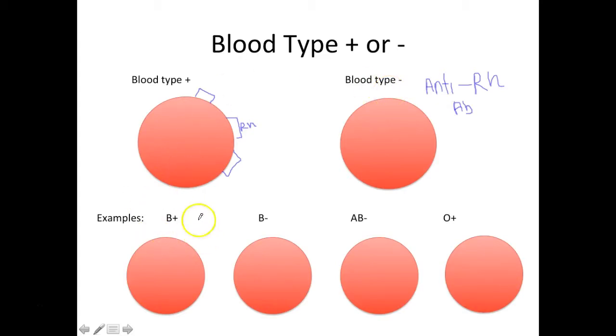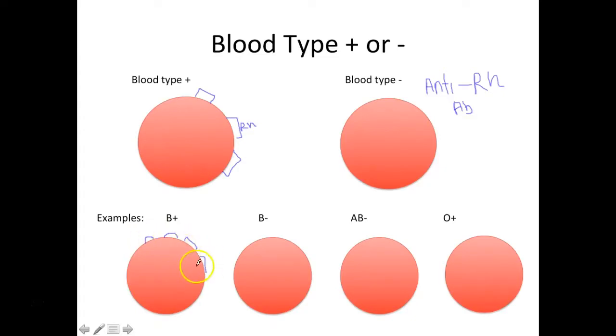Okay, so I want to do some examples of what antigens you would find on your red blood cell surface. If I have blood type B positive, that means I have B antigens as well as my positive Rh antigens.